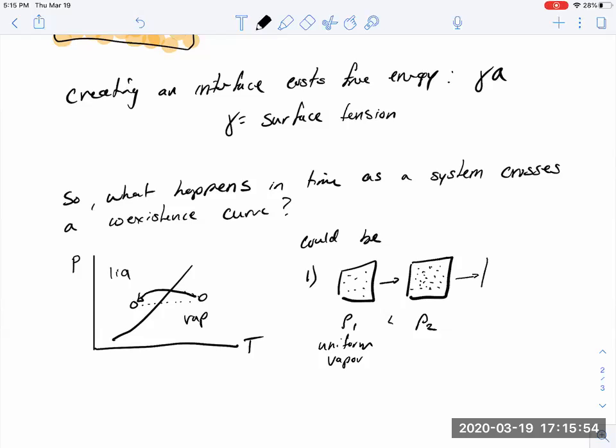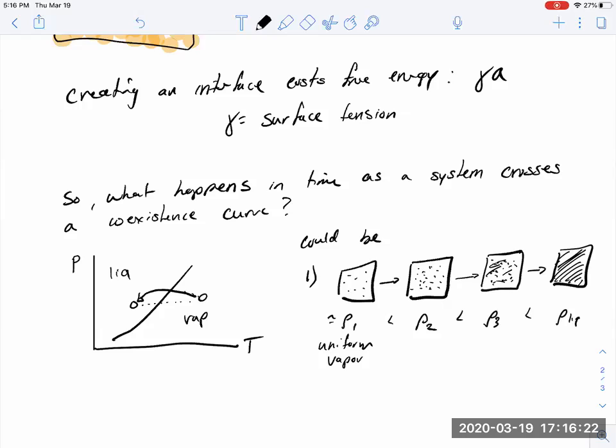The next step might be to slightly increase that vapor density to some rho 3 greater than rho 2. And then finally, to uniformly increase the density to some rho liquid, which is greater than rho 3.